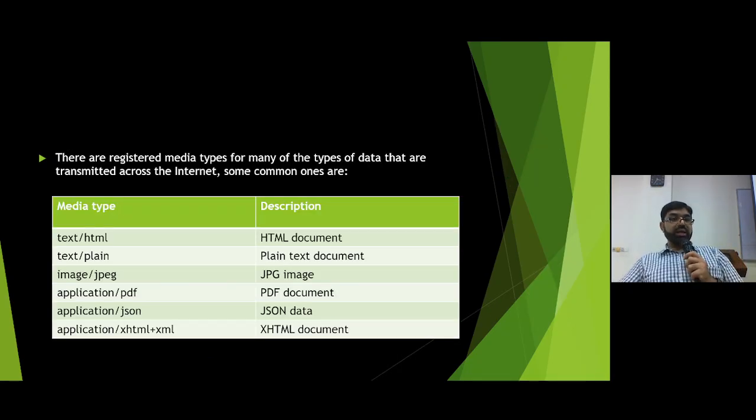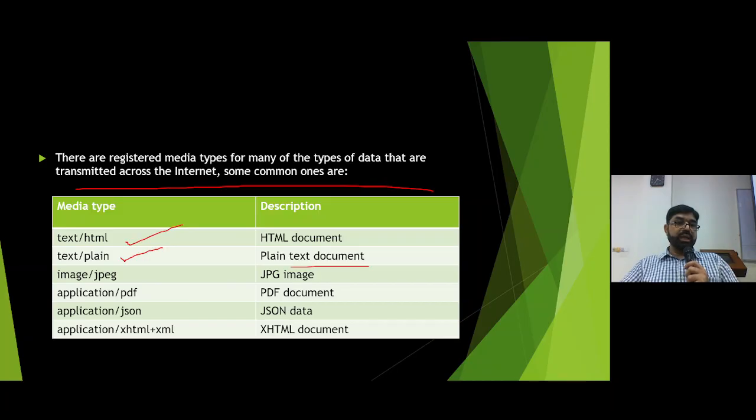There are registered media types for many of the types of data transmitted across the internet. Some are: text/html, which is an HTML document; text/plain, plain text; image/jpeg, a JPEG image; application/pdf, a PDF; application/json, JSON data; and application/xhtml+xml, an XHTML document.